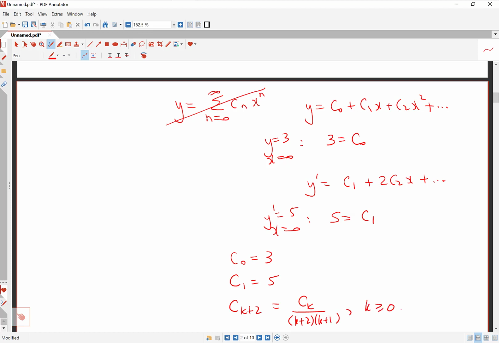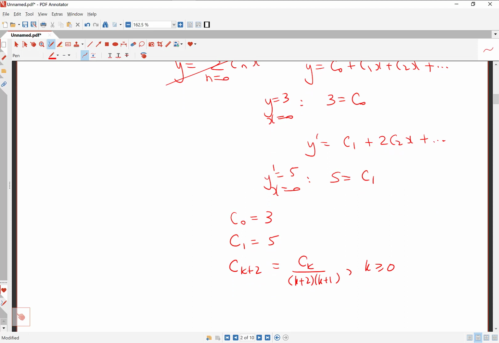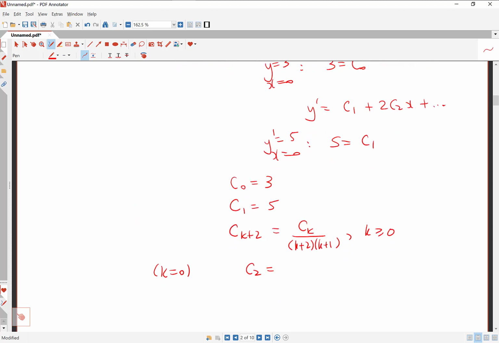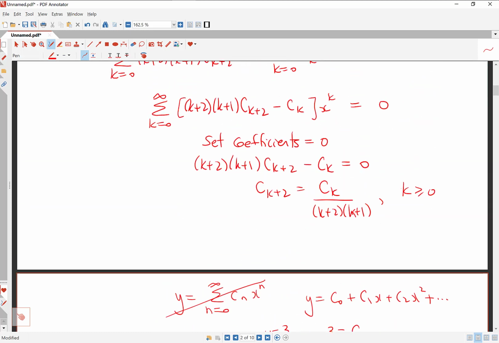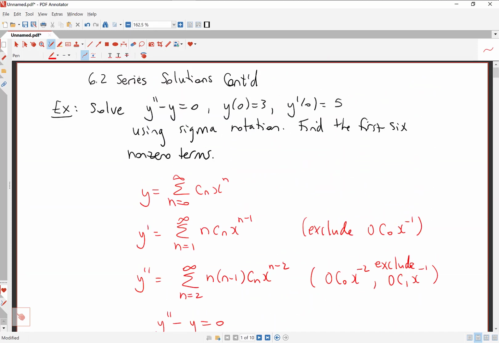That is valid for k greater than or equal to 0. So if we sub in the k value 0, we're going to get the value of c2. If we sub in the k value 1, we're going to get the value of c3, etc. Then we can look back at the question and see how many terms we were asked to find. We were asked to find the first 6 non-zero terms of the power series solution.